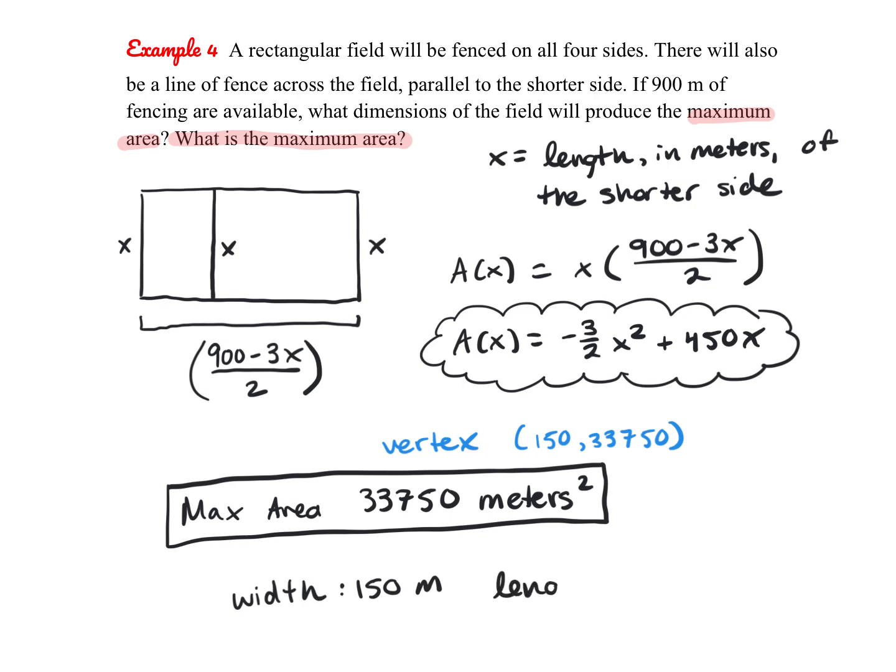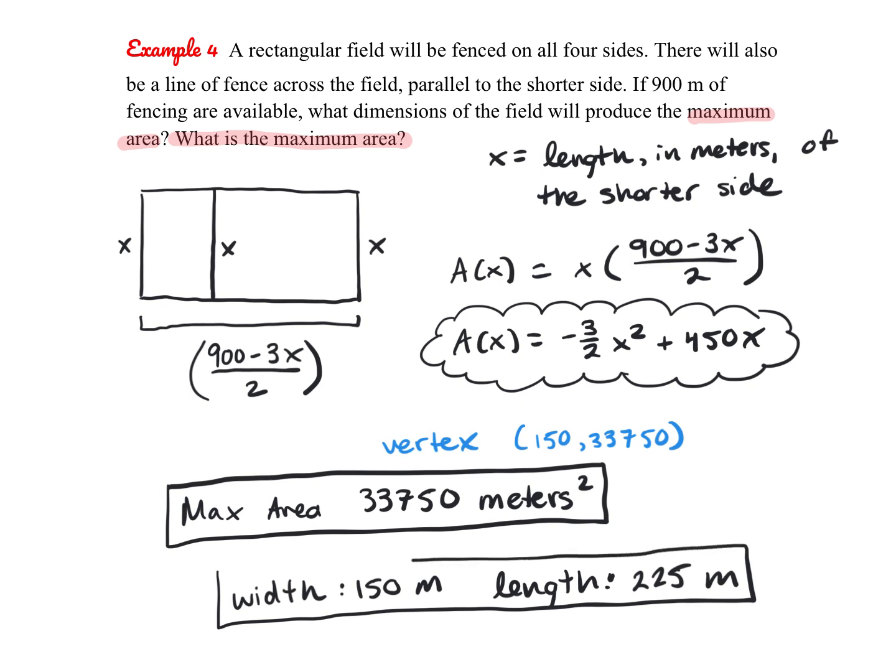And then for that length, if you take 150 and you substitute it right here, so you do 900 minus 3 times 150 all over 2, we get a length of 225 meters. So make sure you're giving both dimensions. It doesn't really matter which one you call the length and which one you call the width, as long as you have the 2 dimensions here.